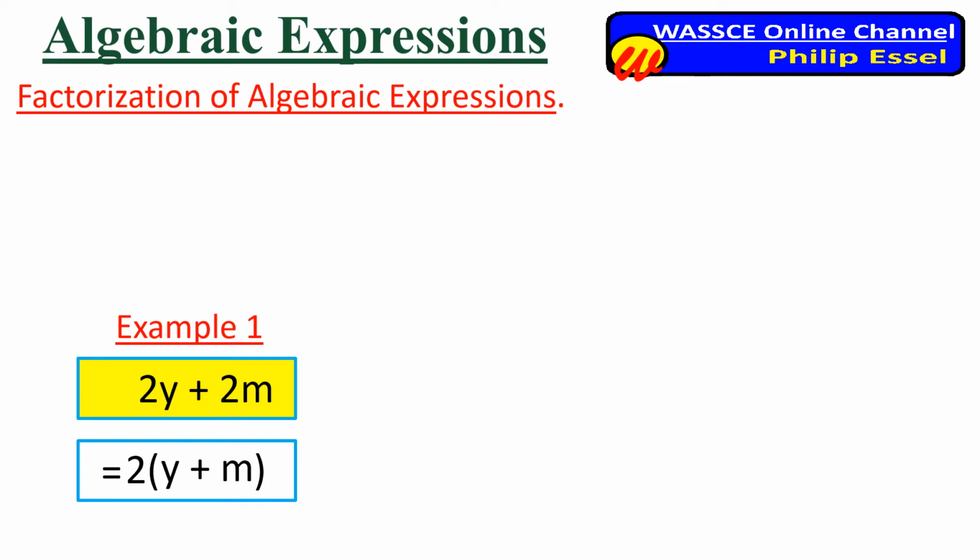Again, the 2 would multiply the positive m, and you get positive 2m. So you see, we have gone back to the original expression given to us. If you do this and you do not get the original expression, what it means is that there is a problem with your factorization. So you really need to check if your distribution does not take you back to your original expression.